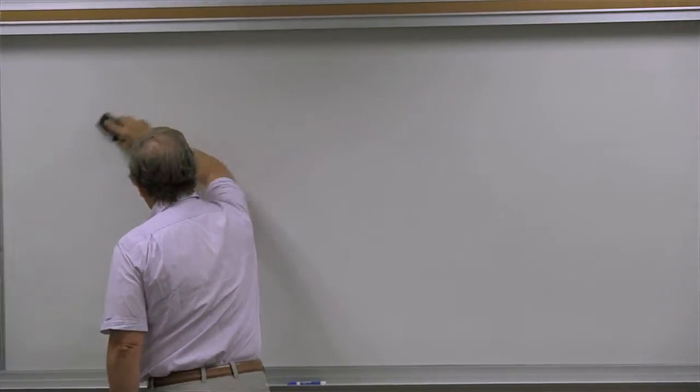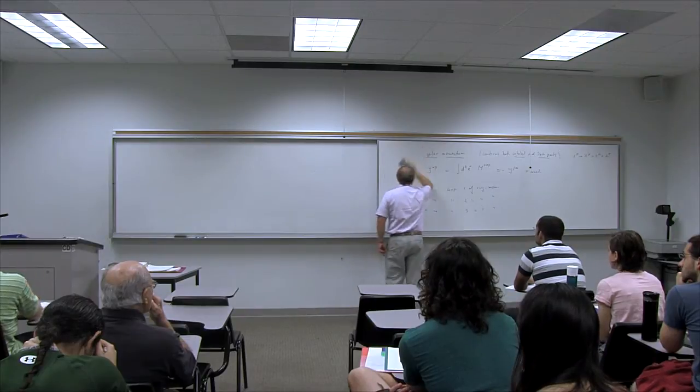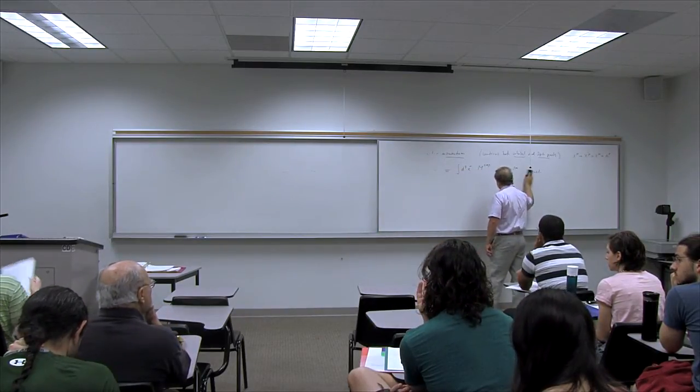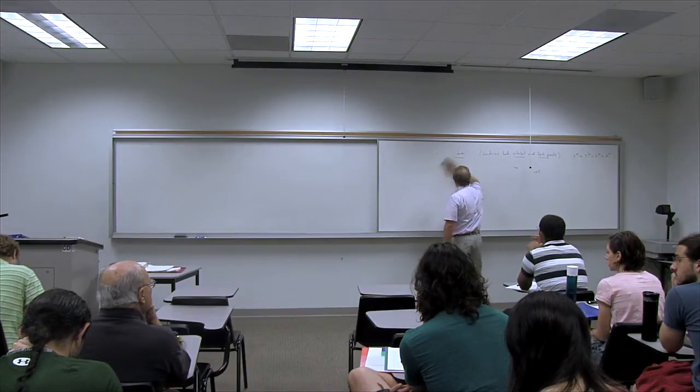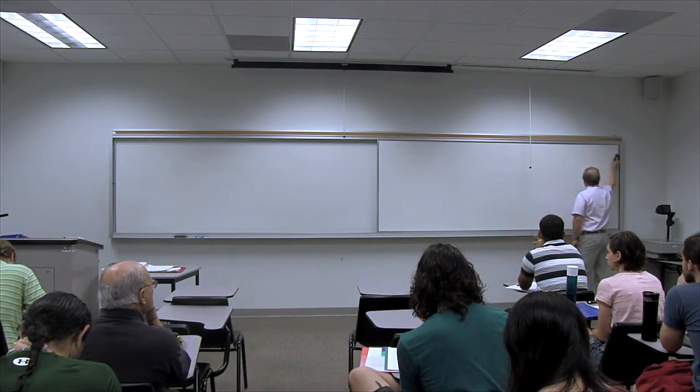So we talked a little bit about angular momentum and spin, and now the last thing we want to deal with in the context of special relativity is how you describe a fluid. So, relativistic fluid.